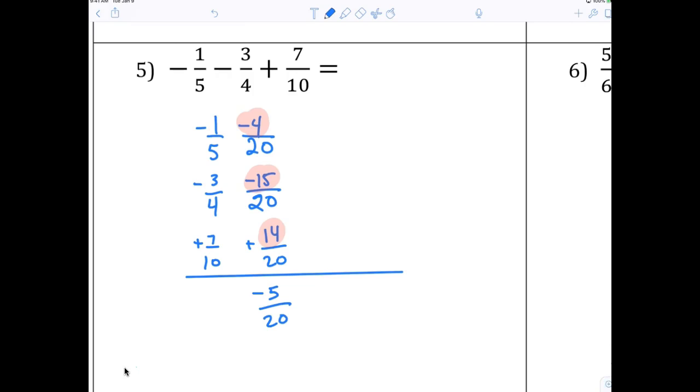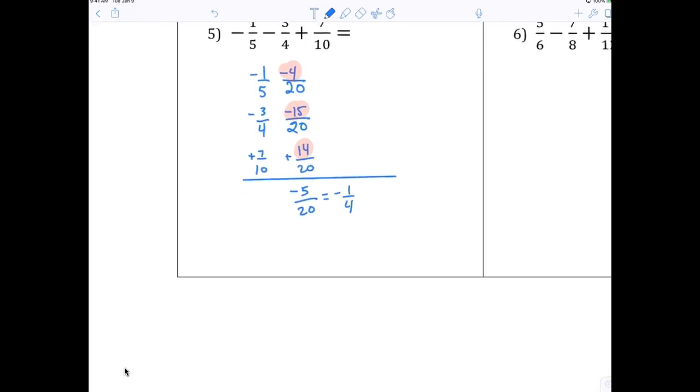And negative 5 over 20 reduces to what? Negative 1/4. Everybody okay with that? Oscar, every once in a while, just look up and double check your work. You get that? How do you know? You see it? Okay. Thank you, Oscar. Just checking with you.